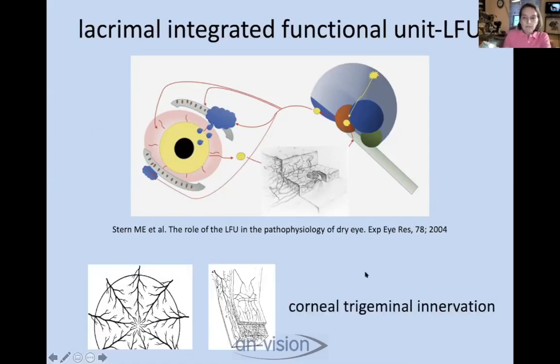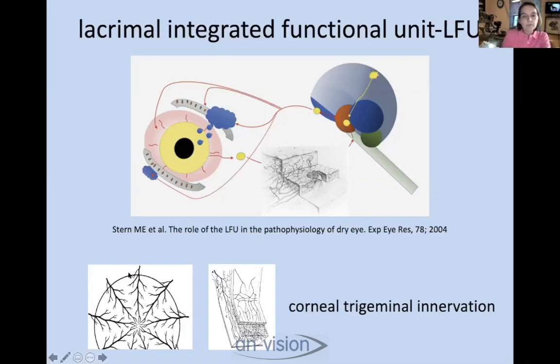And the corneal trigeminal innervation is shown again here. You have very few deep nerve endings and very many superficial nerve endings, and you know that superficial ulcers are more painful than deep ulcers and so on. So now we are not talking about the ulcers, but about how the nerve stimulation affects the tear function, and also how the tear function affects the nerve endings.